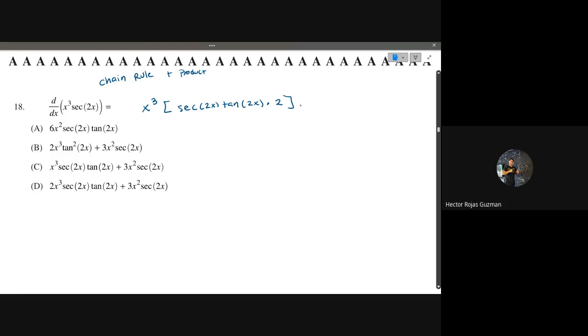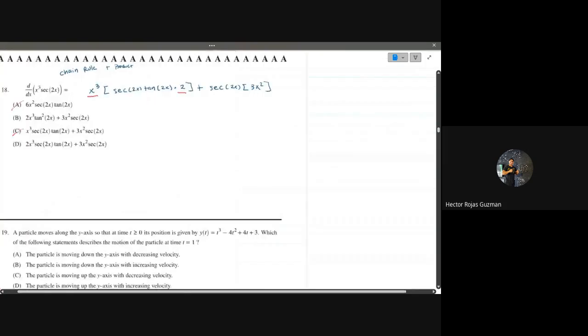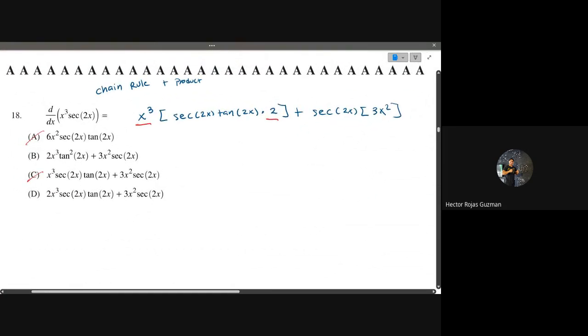Plus the second times the derivative of the first. So looking at my answer here, we have 2x cubed. Okay, whoa. We have 2x cubed, secant of 2x, tangent of 2x. There it is. D.